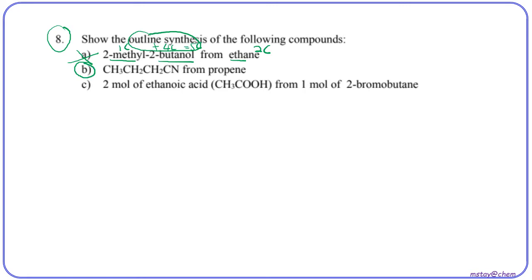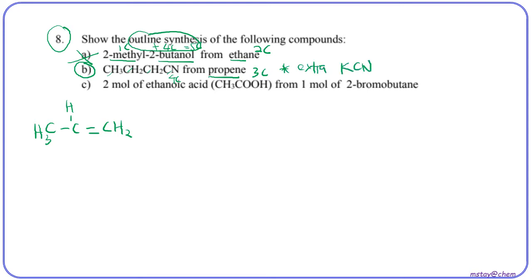CH3CH2CH2CN from propene. So propene has 3 carbon with a double bond, CH3CH=CH2. Then again, from 3 carbon, the product will become 1, 2, 3, and 4 carbon. Normally, when you have an extra carbon, we will relate with the KCN.